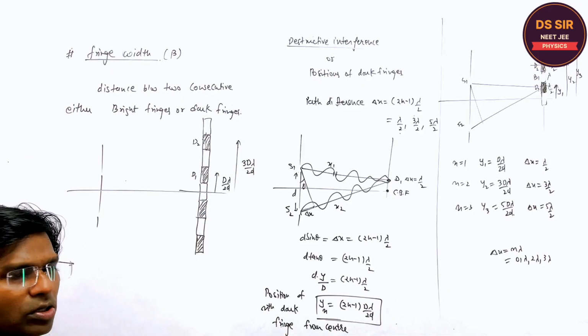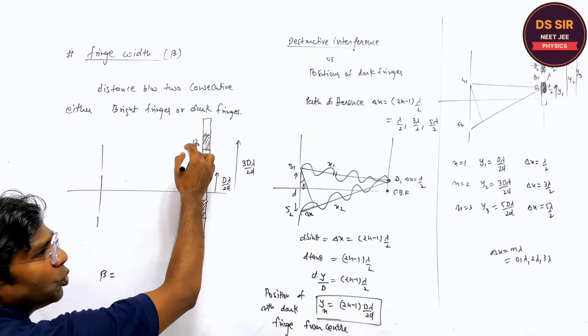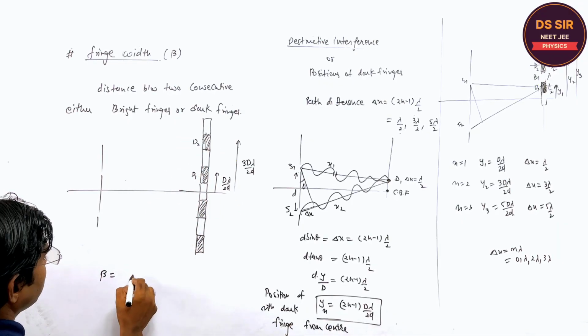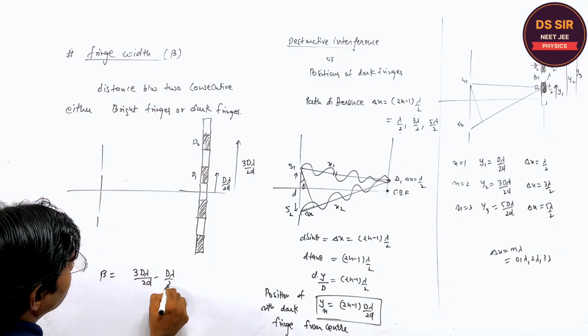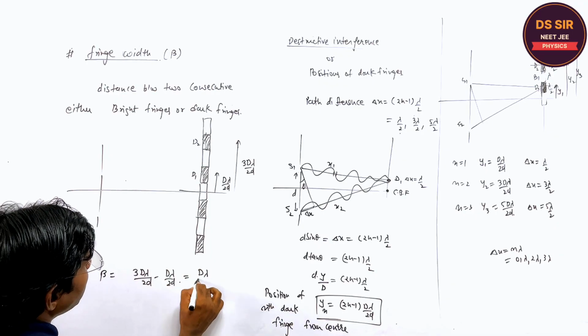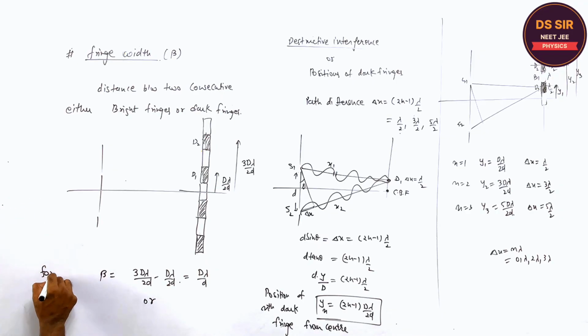So fringe width is the distance between two consecutive dark fringes D2 and D1: 3 lambda D over 2d minus lambda D over 2d, which is equal to lambda D over d.